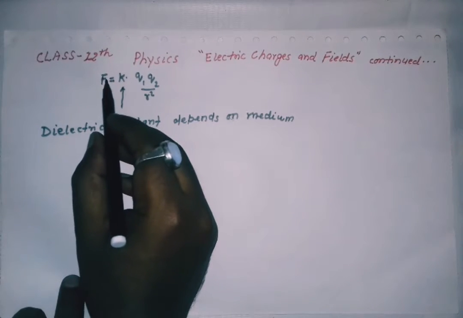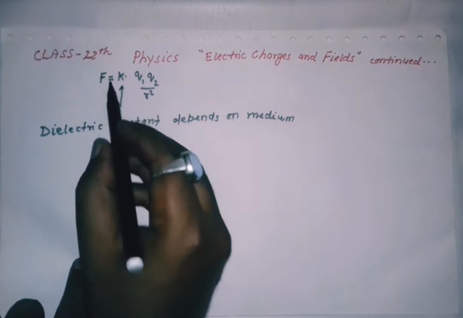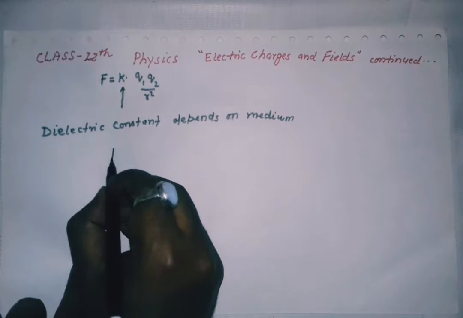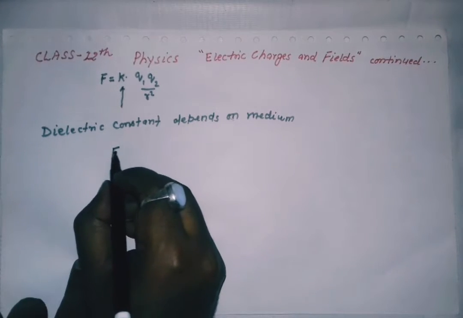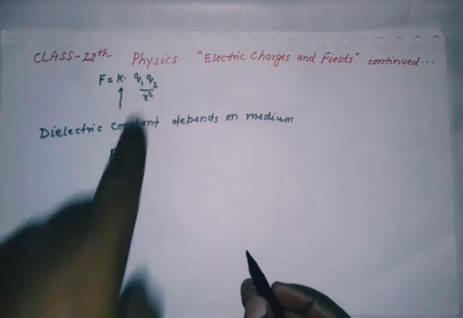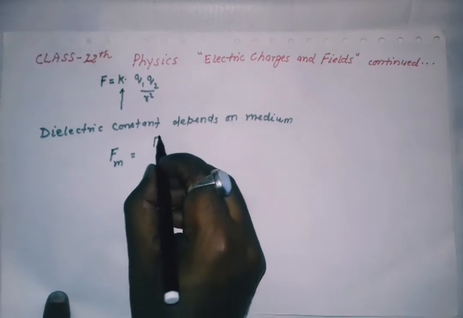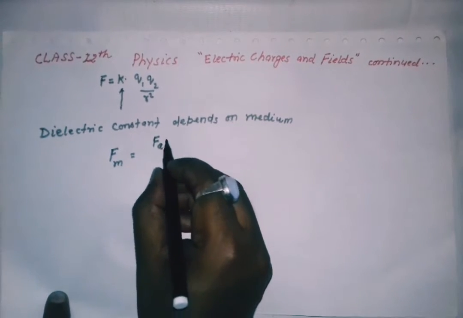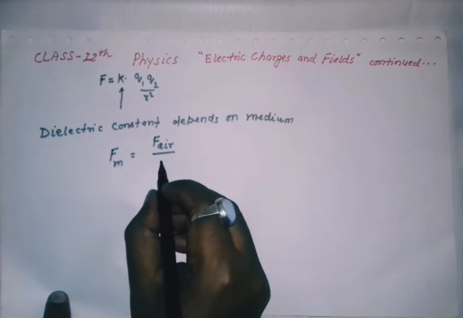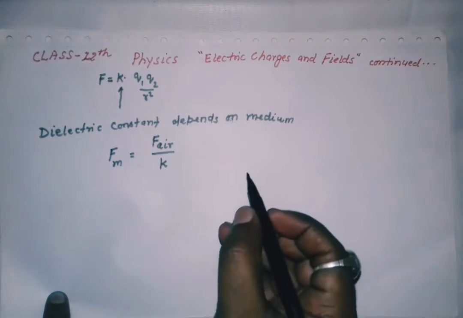Actually, the force varies when we change the medium. So, the force between two charges in a medium is equal to the force between two charges in air divided by the dielectric constant.